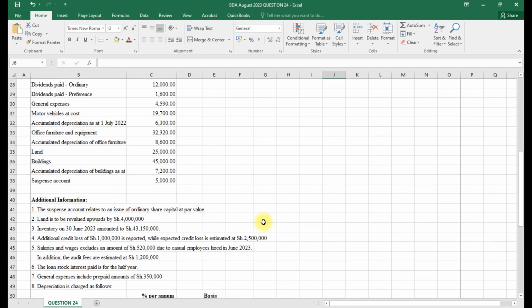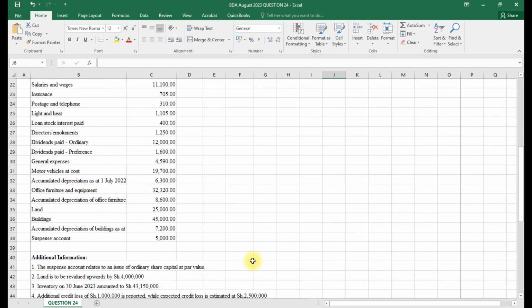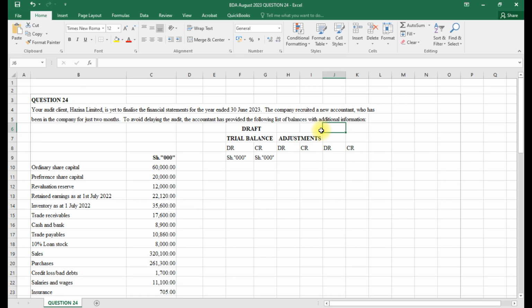This is the statement of profit or loss items. Just merge that and I merge this.